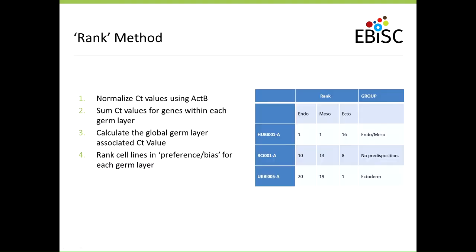And what you end up with is data like this, where of the lines that we looked at, we could see that, for example, this Hubrick line scored the highest for endoderm, mesoderm gene expression markers, and this line from Bonn ranked the highest in terms of its ectoderm markers.